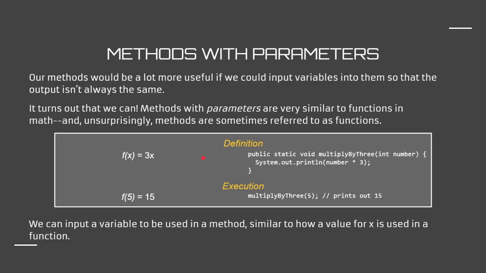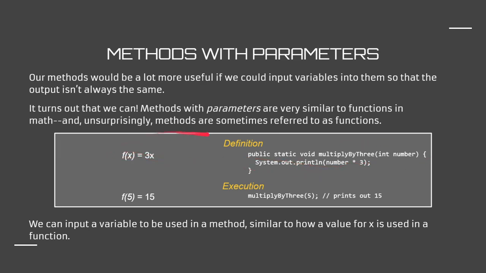It's the same thing with methods that have parameters, and that's why they have these parentheses. So if you have a method written like this, public static void multiply by 3, and in the parentheses you define the variable, just like you would put x here. You're defining a variable called number, and then you say, let's print number times 3.